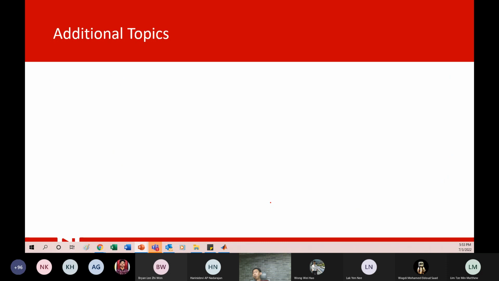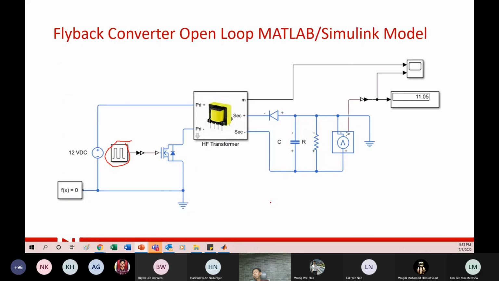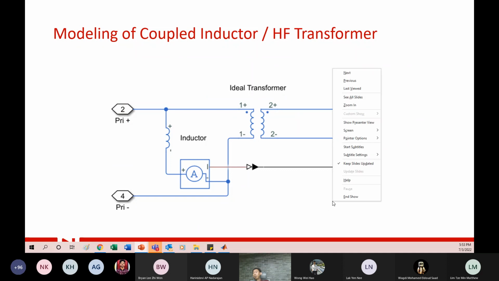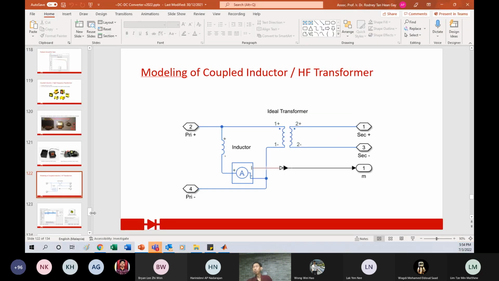All right, so maybe let us start to do this very simple model by following the slide here. Let me see my model. Is it still around?